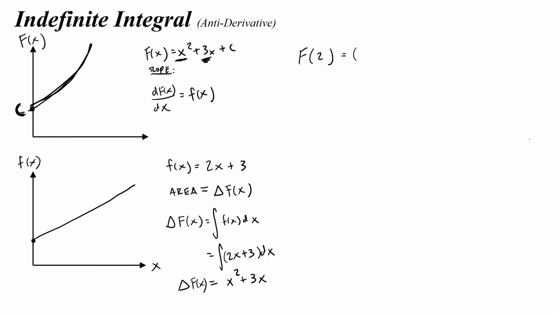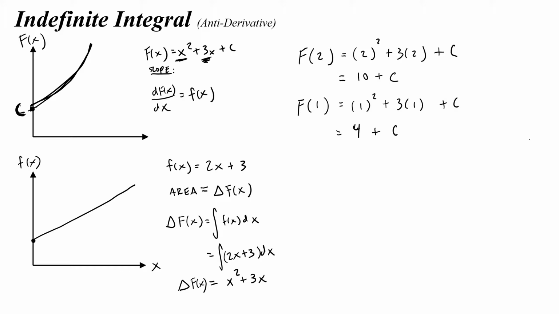So the value of capital F of x at 2 would be 2 squared plus 3 times 2 plus C. So 4 plus 6, or 10, plus C. Then let's find the value of capital F at 1. 1 squared plus 3 times 1 plus C, or 4 plus C. Okay, so we just used this function that we indefinitely integrated to get, and we plugged in numbers 2 and 1, even though we don't know what C is, because we weren't told what it is.